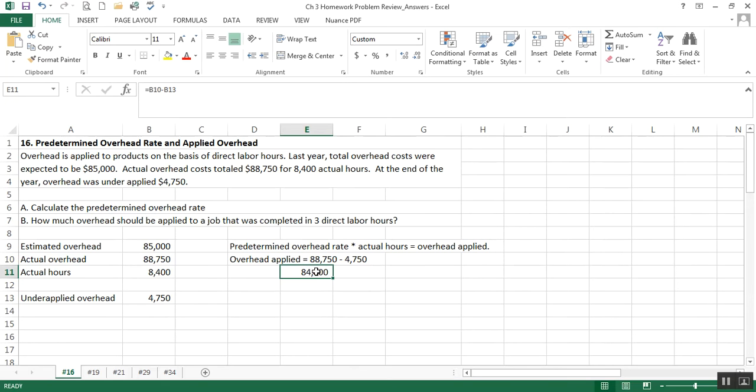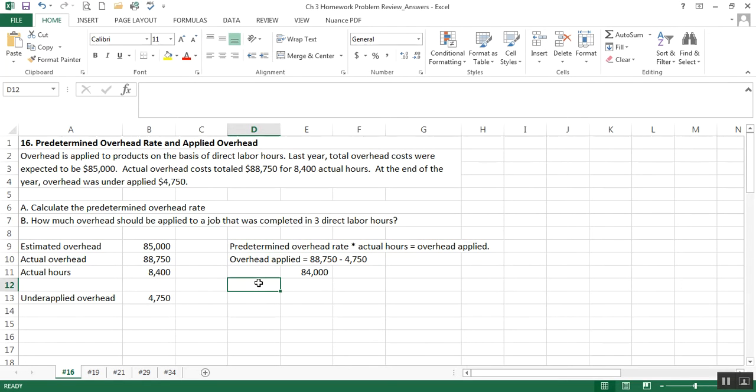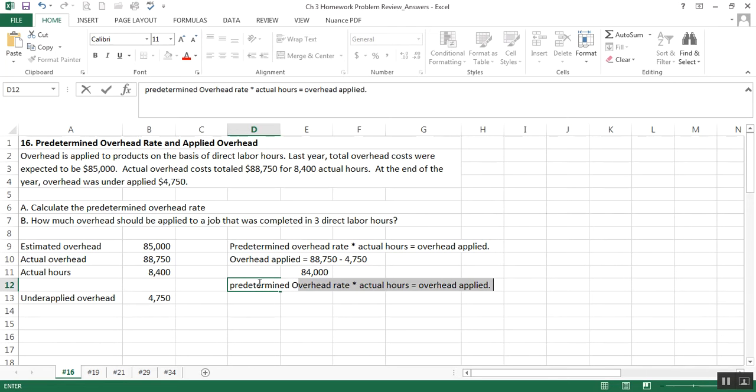$84,000. Now, how I calculated that is because we know that our actual overhead was $88,750. It's telling us that we underapplied overhead, so the difference between these two is the overhead that we actually applied. Now we go back to this formula and rearrange it. So our predetermined overhead rate is going to equal our overhead applied divided by actual hours.